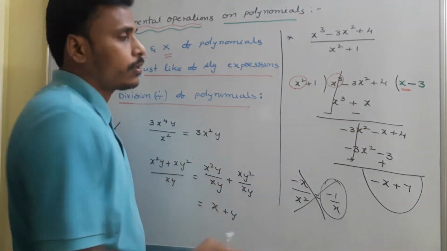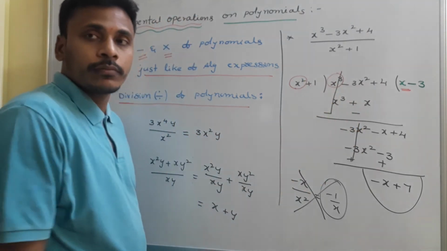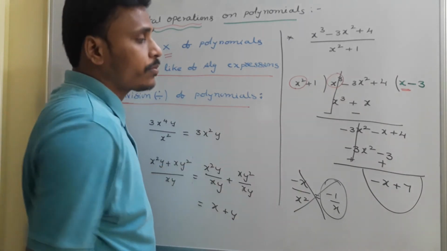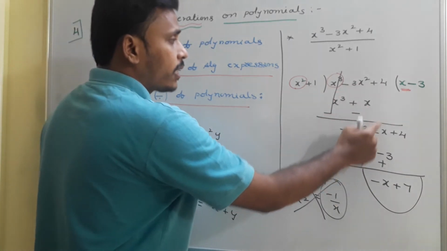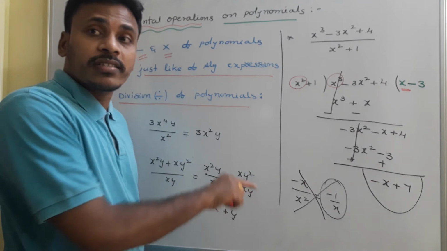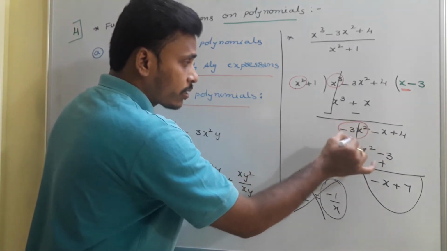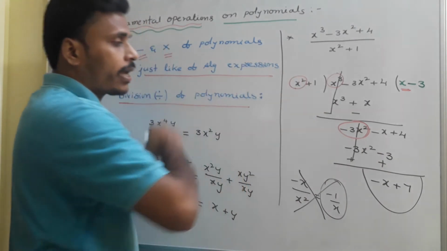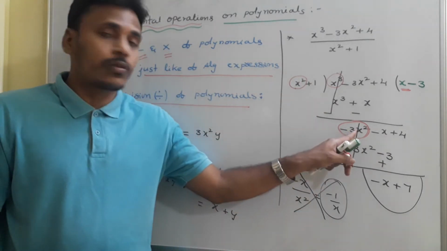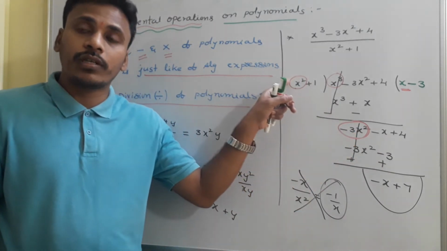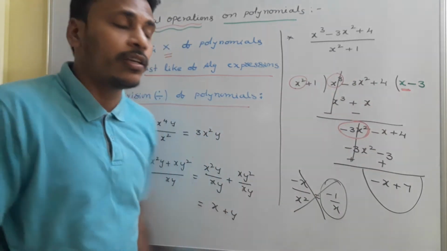Do subtraction. These two will get cancelled. So list the remaining terms: minus 3x square minus x plus 4. For the second step of division, think about this first term minus 3x square and this first term again x square. So this first term divided by that first term is minus 3 right here.